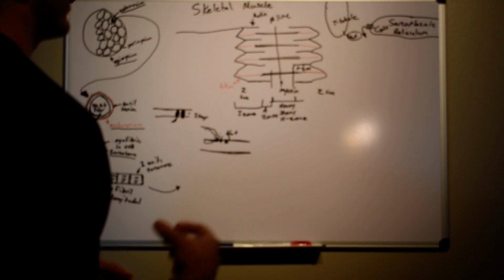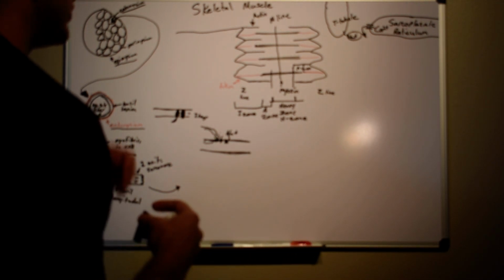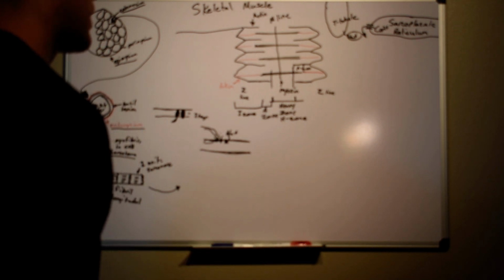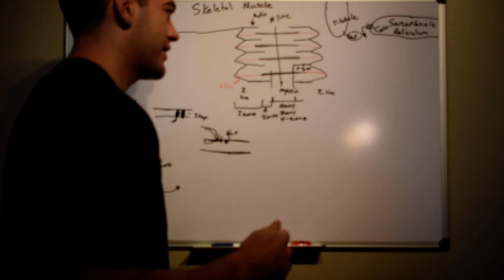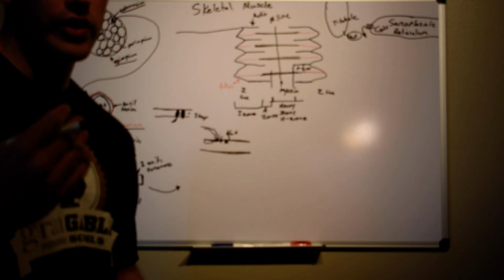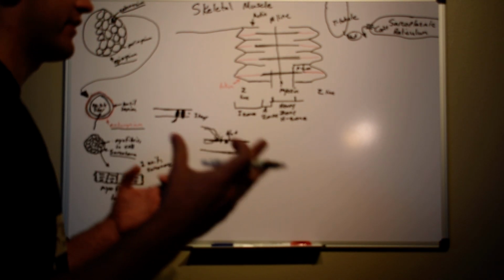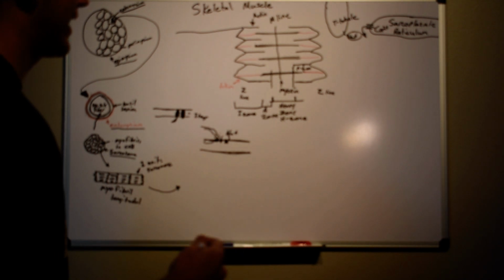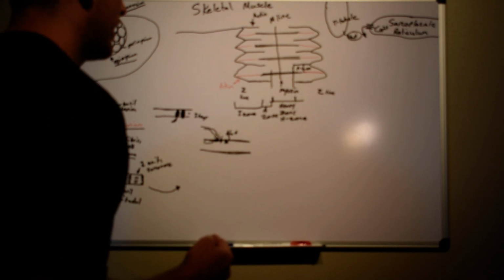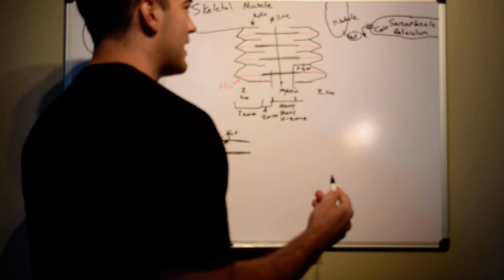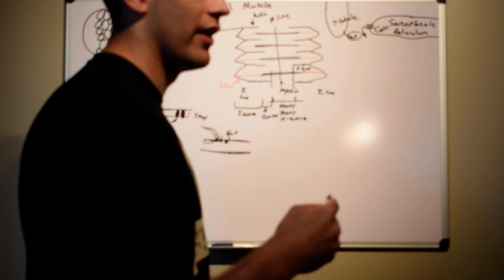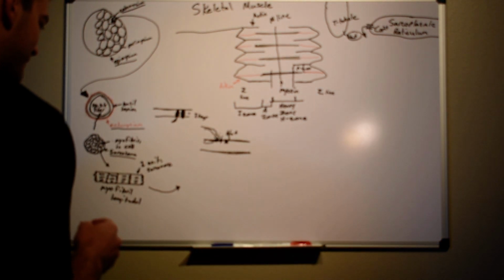Okay, so now we've got everything necessary to initiate a muscle contraction. We've got the calcium we need, and muscle fibers have a lot of mitochondria, so we're definitely going to have a lot of ATP there. They're energy hogs. And now we can begin one of these cycles of sliding filament theory.